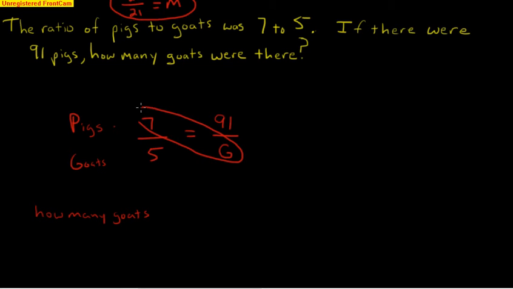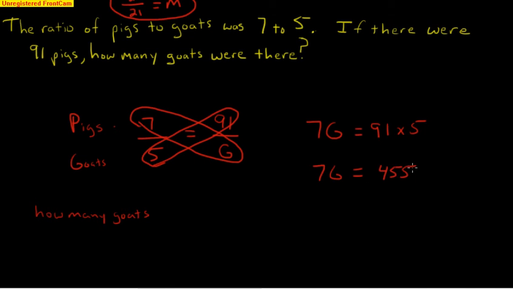We know that if these two are equal, the equal sign here, we can use cross products. So 7 times G, or 7G, should equal 5 times 91. 91 times 5. 7G should equal 5 times 90 would be 450, plus 1 times 5 is 5 more, 455. Our goal is to get G by itself. How many goats? That means G by itself. We are multiplying G by 7. To undo that, we divide G by 7.